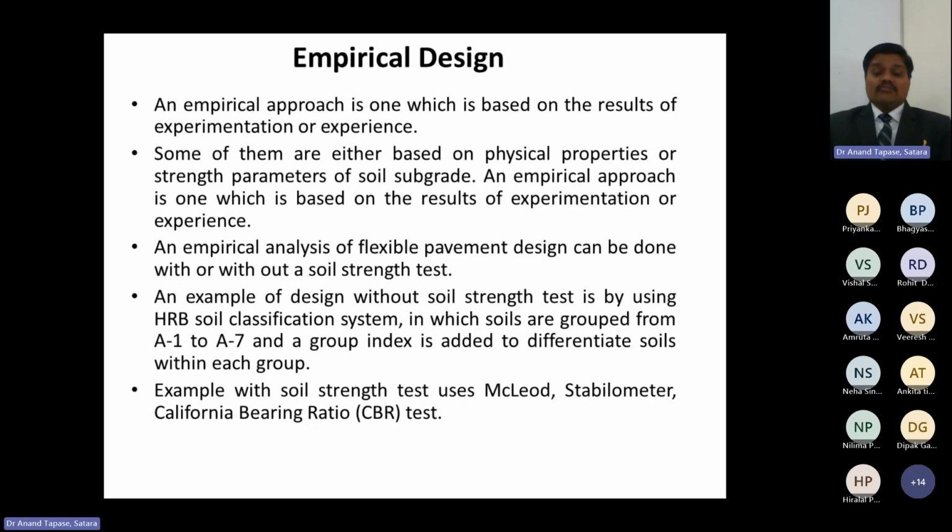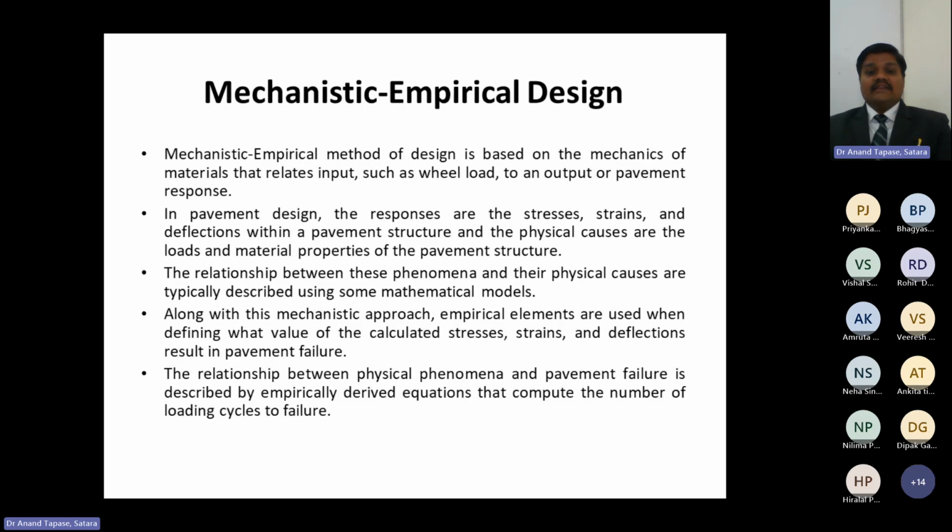That was what was happening, but it has been addressed by the mechanistic empirical design methods, wherein the mechanistic empirical method of design is based on the mechanics of materials that relates inputs such as field loads, outputs, and the responses. We have focused on the critical parameters. In case of rigid pavement, there are three parameters.